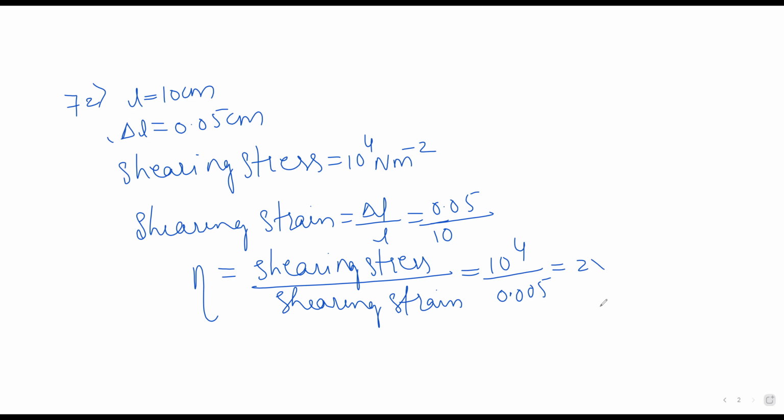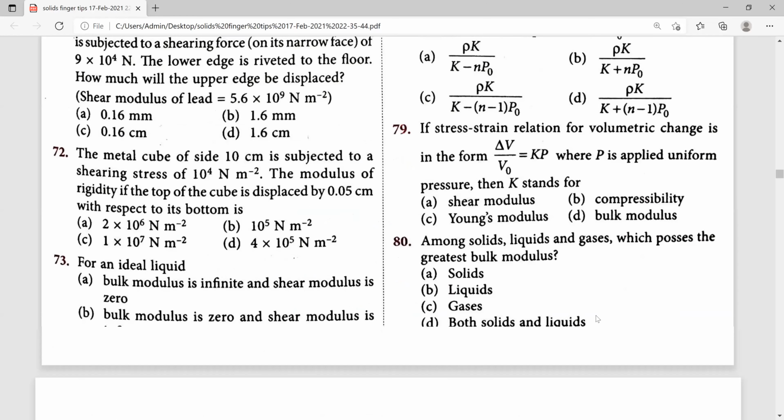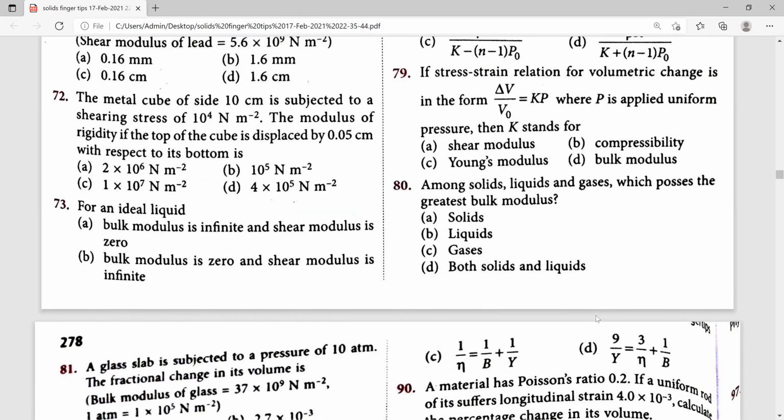So if you simplify this one, it becomes 2 into 10 to the power of 6 Newton per meter square. So according to this one, which one is the right answer? For 72th one, the right answer is 8th one.